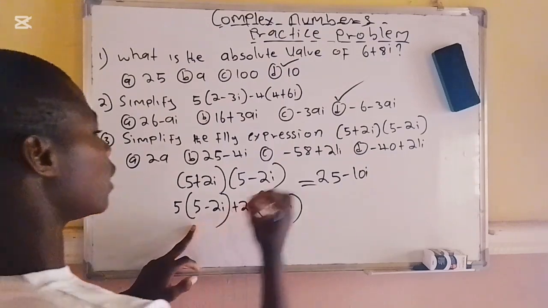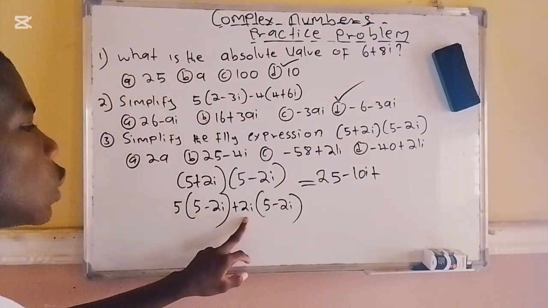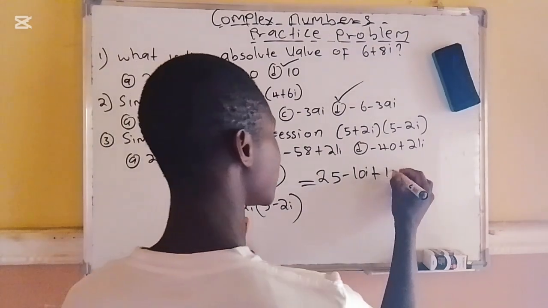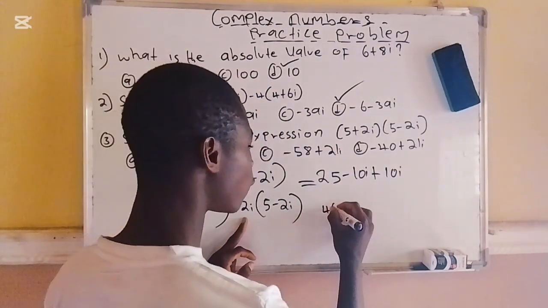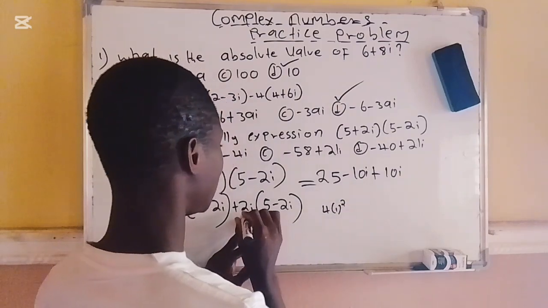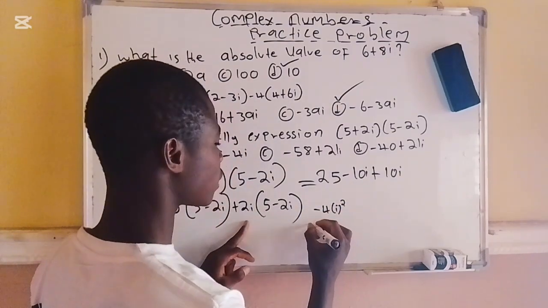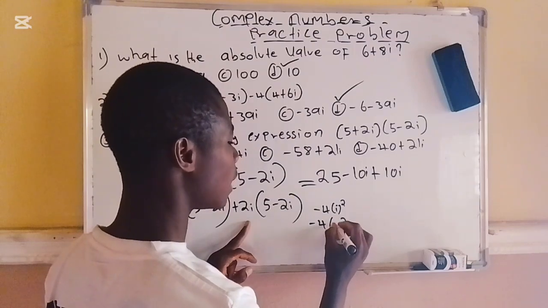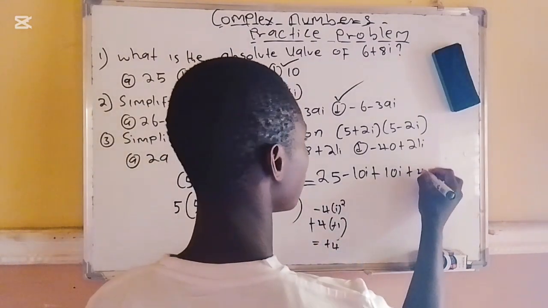And then plus 2i multiplied by 5 gives me 10i. And 2 multiplied by 2 gives me 4i squared, and it will be negative. I squared is the same thing as minus 1, so minus minus gives positive 4. Therefore, plus 4.